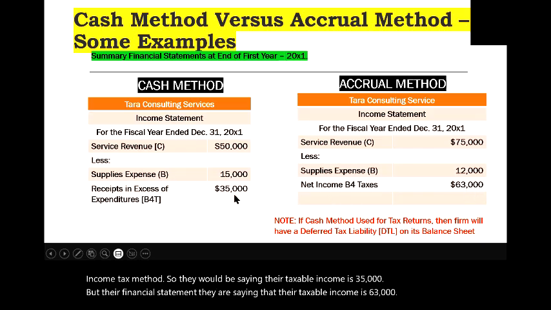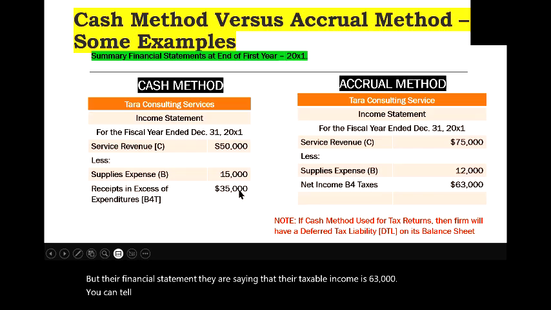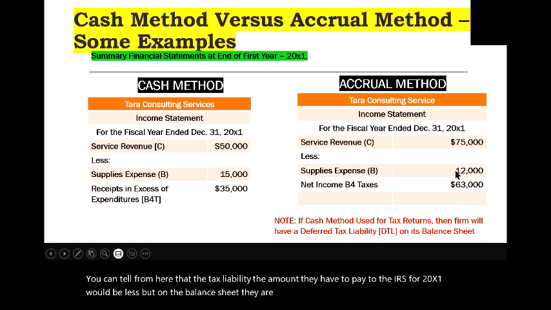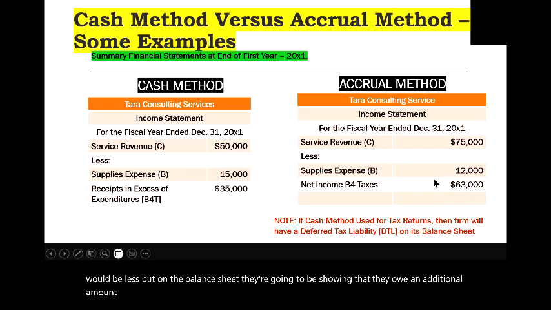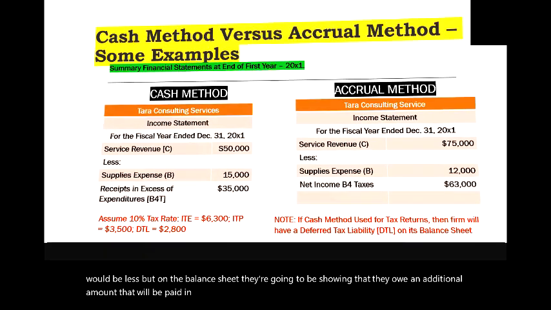Well, you can tell from here that the tax liability, the amount they have to pay to the IRS for 20X1 would be less. But on the balance sheet, they're going to be showing that they owe an additional amount that will be paid in the future. We'll come back to this in a subsequent slide.